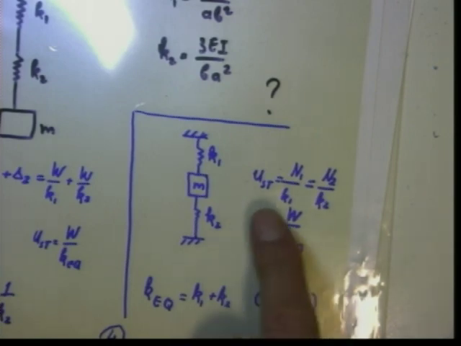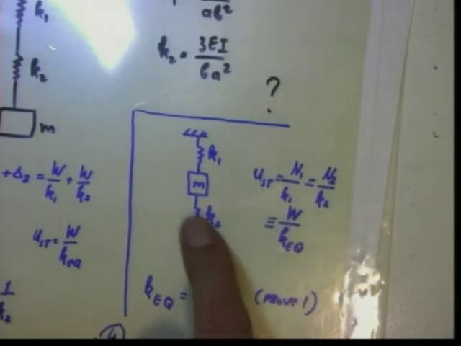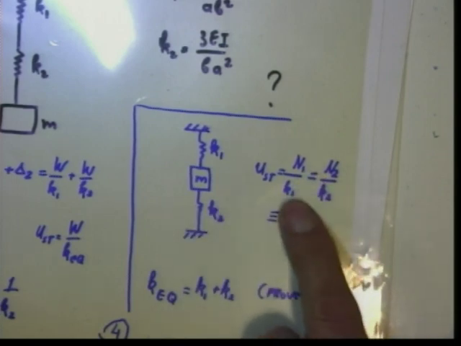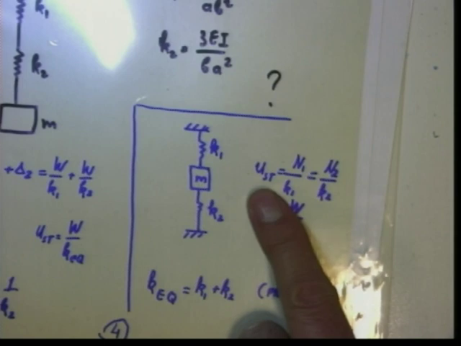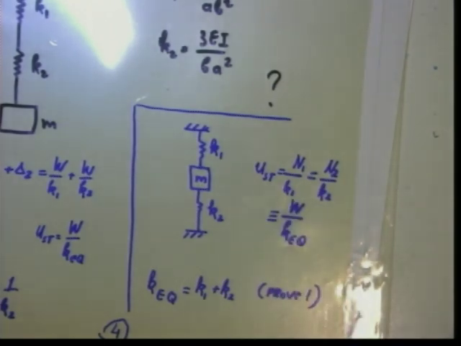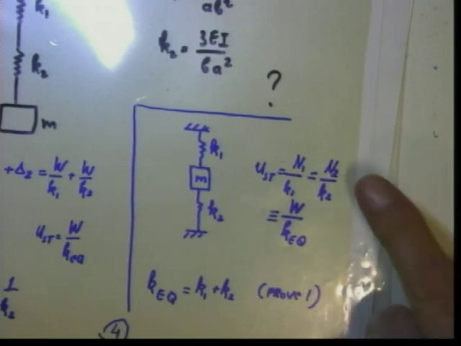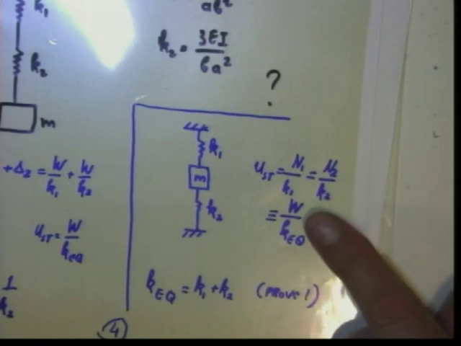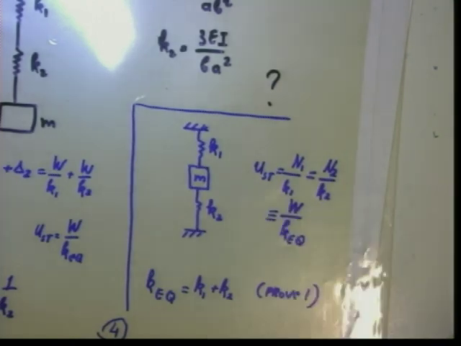So U static equals, so there is a load that acts here and a load that acts here. So N1 divided by K1 equals U static. And on the other hand, N2 divided by K2 also equals U static. Now, on the other hand, W divided by K equivalent is also U static.